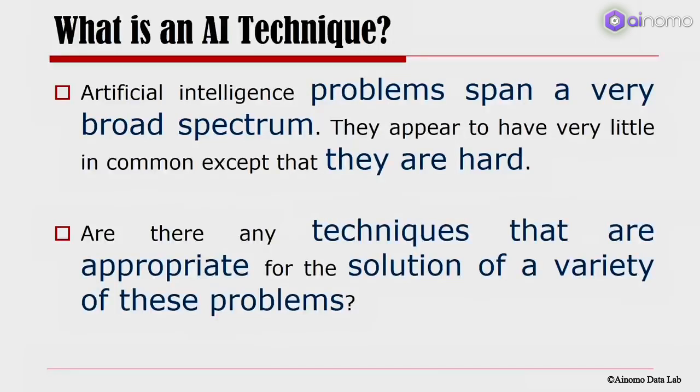The focus when we ask the question, what is an AI technique, is to look for an answer if there are any techniques that are appropriate for the solution of a variety of these problems. Is there something common for all these problems?